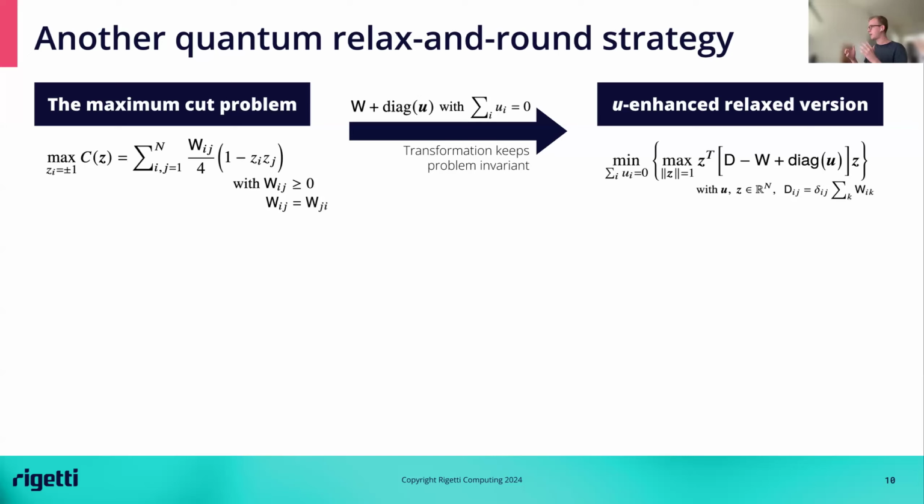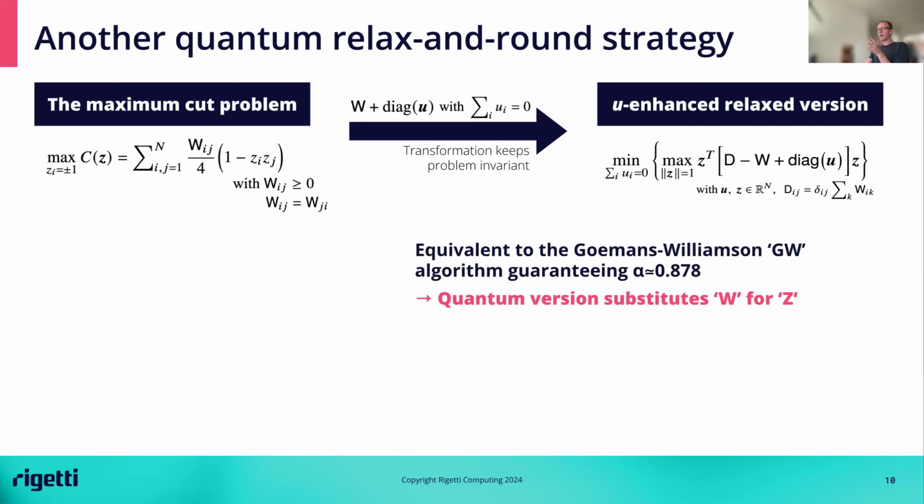And the way to read this min-max equation is that the goal here is to minimize the maximum eigenvalue, which is an upper bound to the optimal solution. So this relaxed algorithm here is equivalent to the Goemans-Williamson algorithm, and it can be shown to guarantee a solution with a quality of about 88% of the optimal one. And here we suggest a quantum version of that, where we substitute the adjacency matrix for the correlation matrix.